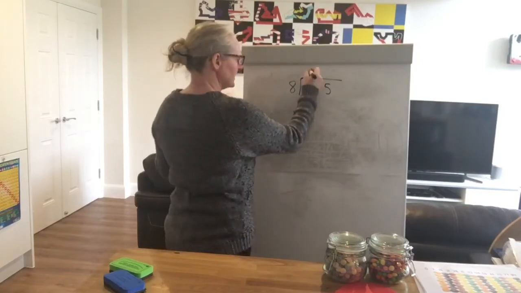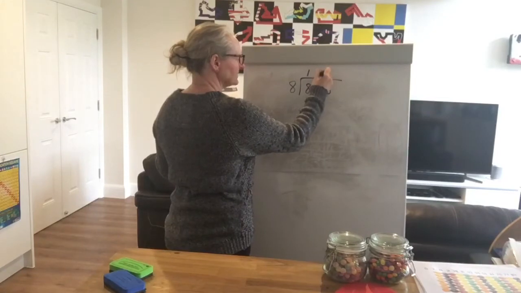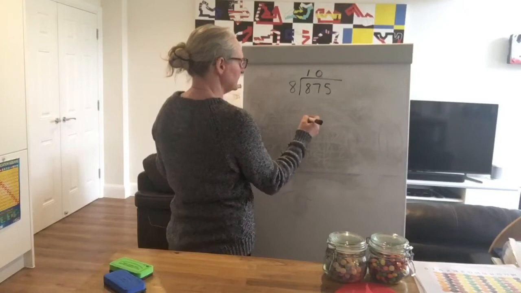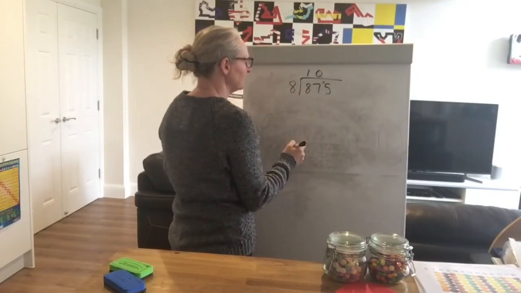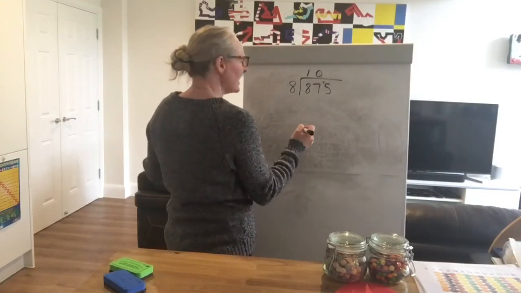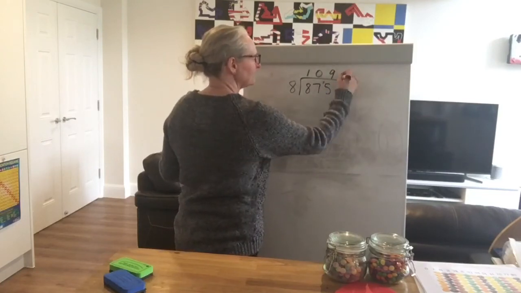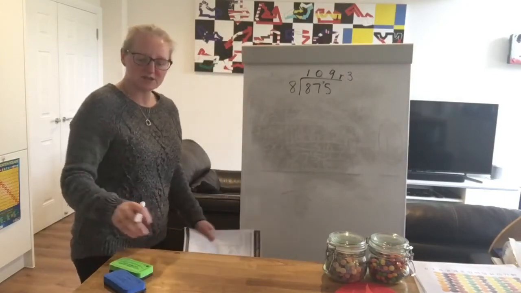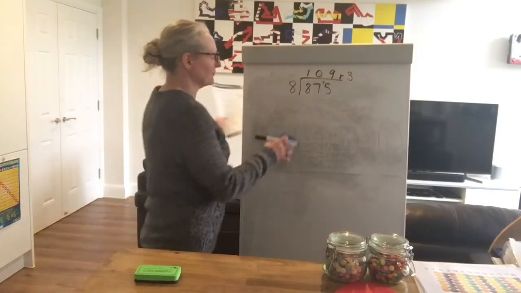So 8 into 8 goes once. 8 into 7 doesn't go, so we do 7 over. 8 into 75 goes 9 times. 9 8s are 72, remainder 3. So again, it's exactly how we did division at school, so this should be a refresher to you.